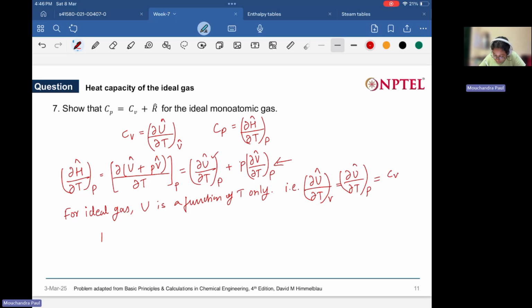And the ideal gas equation, you know, is PV equals RT.